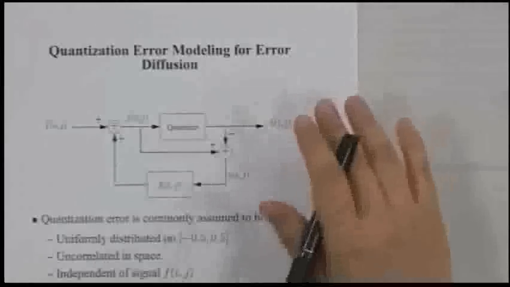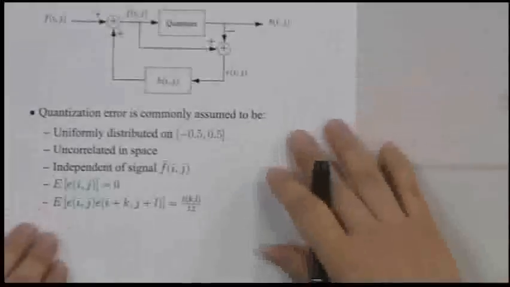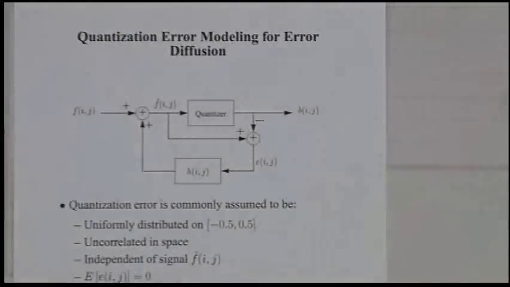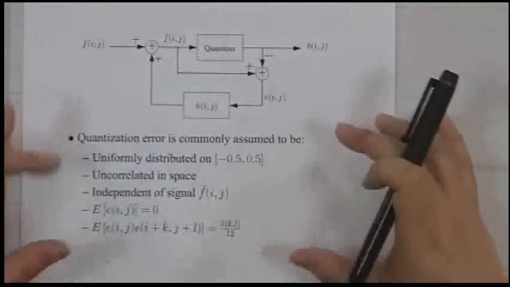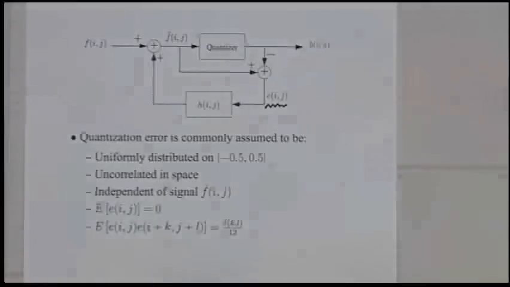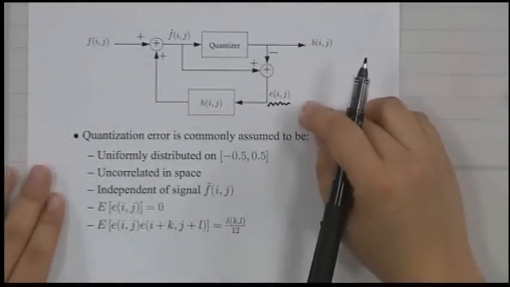Okay, now we still want to continue to analyze error diffusion. First, I want to introduce a commonly used model for the quantization error. Here is the system diagram, and this quantization error is often assumed to be white noise.